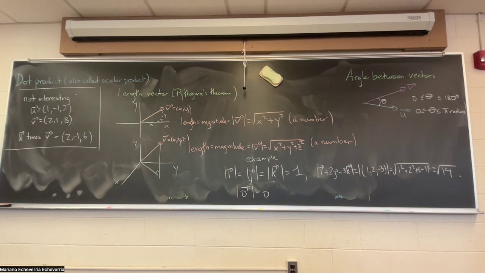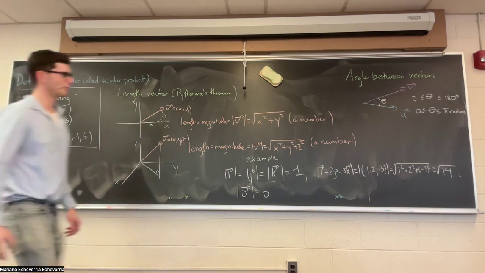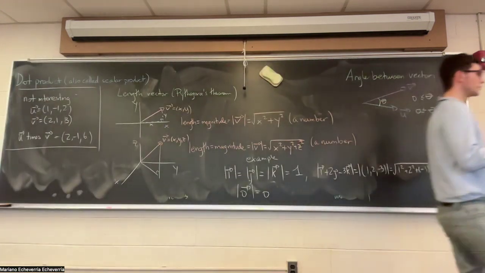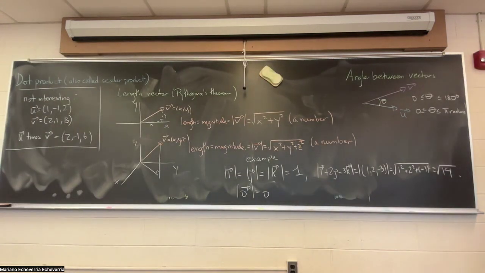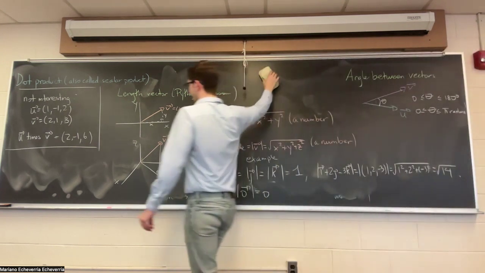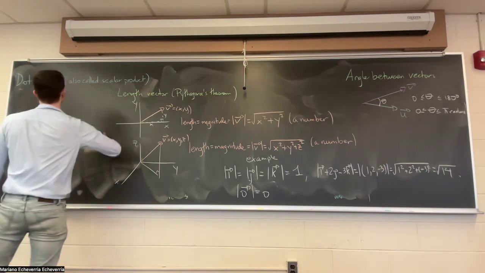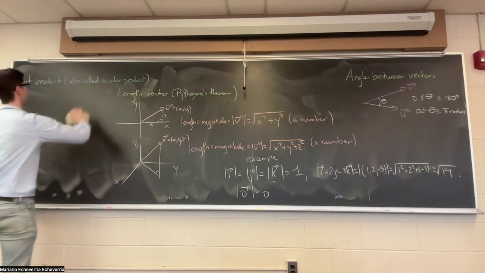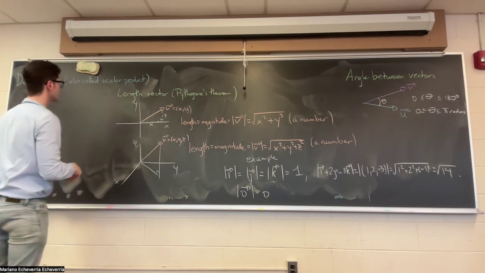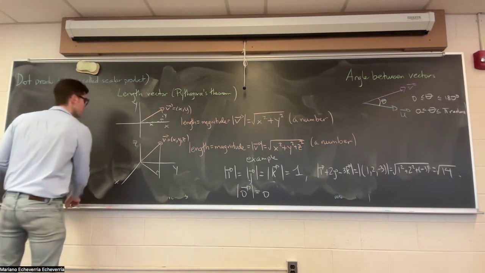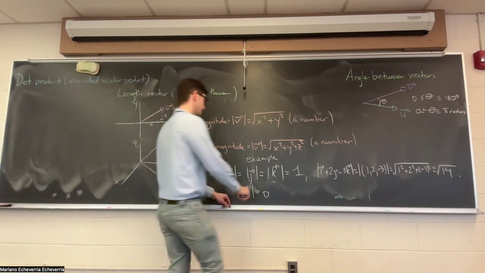Okay, so now I can finally give you the formula for the dot product. So the dot product is going to be a way to multiply the vectors. So what is going to be the dot product? You're going to be given two vectors u and v.